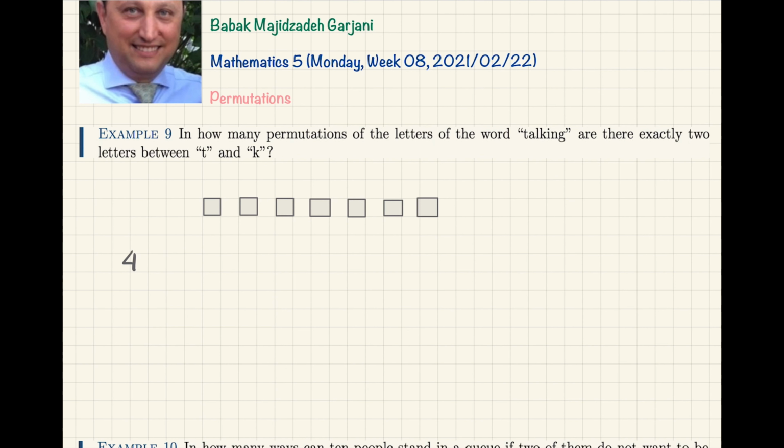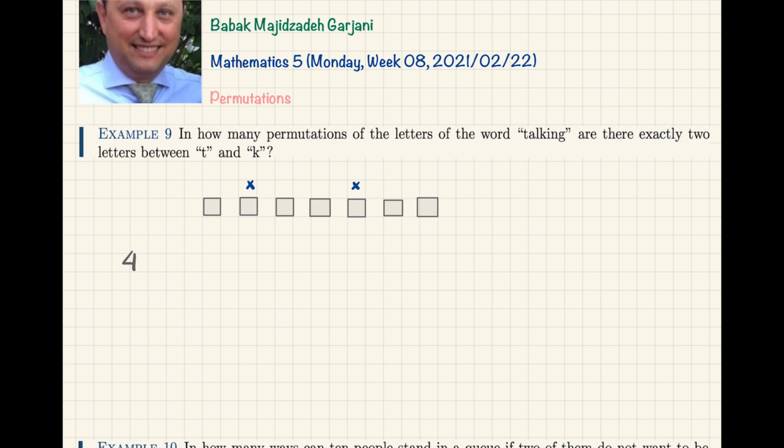So assume that I have chosen one of these pairs. For example, assume that for some reason you chose this one and that one. Okay? Then there are 2 empty spaces in between. But now you want to fill up the chosen positions with your letters T and K. How many options do you have? You have 2 options. Either you put T here, K there, or the other way around.